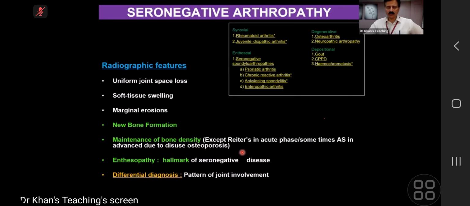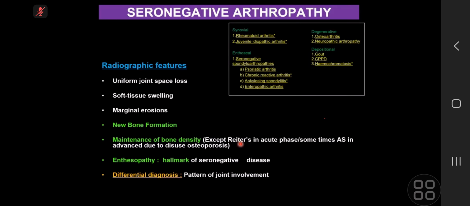Later on, we have discovered that CRA can also involve females, and for them cervicitis, as in inflammation of the cervix, replaces urethritis. So sometimes in CRA in acute phase you might not get osteopenia. Otherwise, you will get osteopenia.